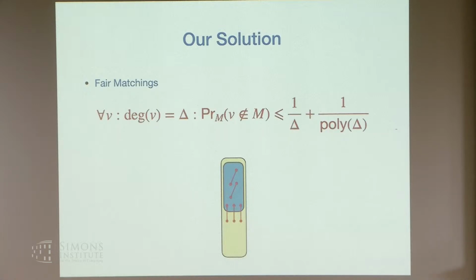And actually, it has this property. If you look at any vertex of degree delta, the probability that it is not matched by this matching is roughly 1 over delta plus some tiny noise. So you basically treat all the vertices fairly. All of them have roughly the same chance of getting matched. This is the definition of fair matchings.